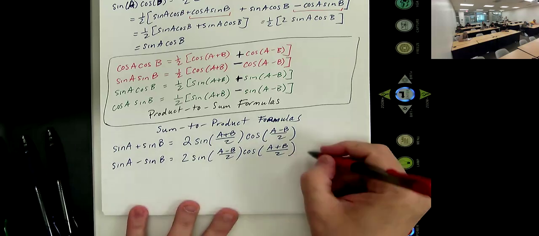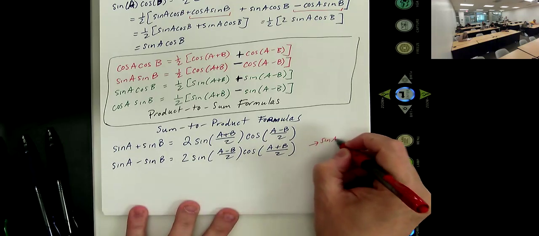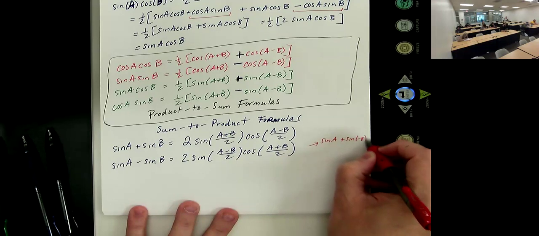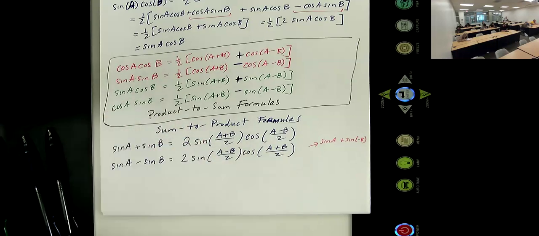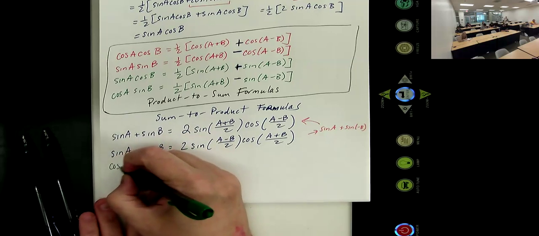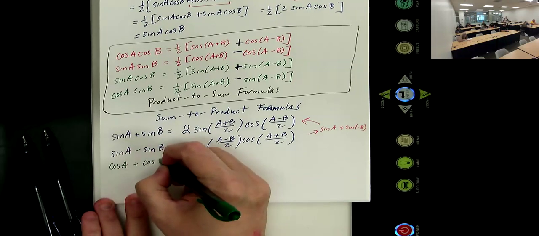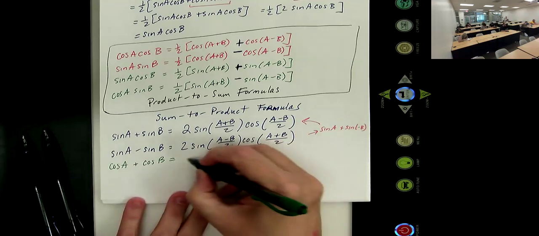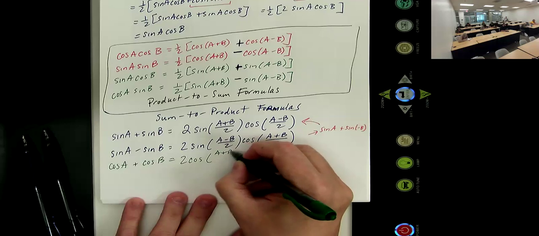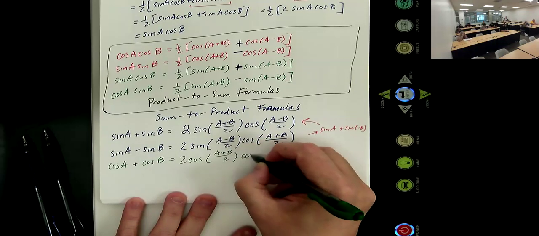That could be rewritten as sine of A plus sine of negative B, and that's why they look the same or similar. Then there's our cosine ones. Cosine of A plus cosine of B. And these double up on the same trig functions. We will have A plus B over 2 and cosine of A minus B over 2.